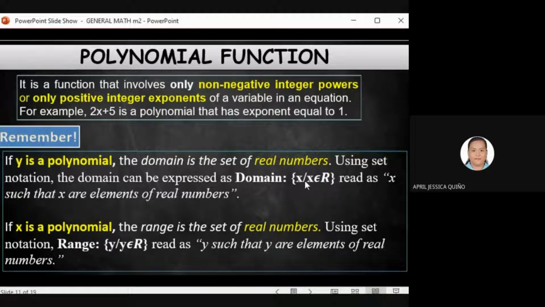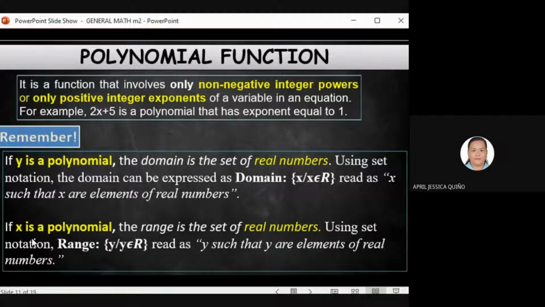Again, if y is equal to 2x plus 5, the domain is x such that x are elements of real numbers. Kasi, pwede tayong maglagay ng kahit anong number to replace the x, kasi hindi naman negative yung ating variable.